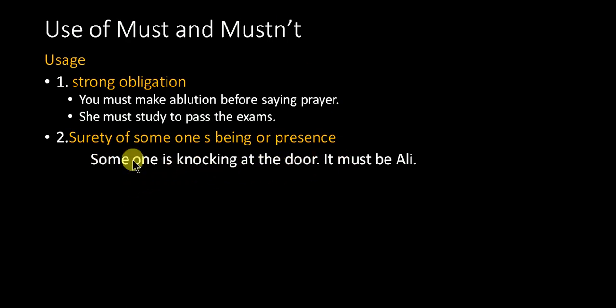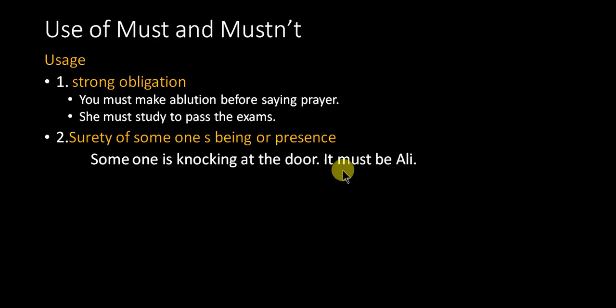The situation is someone is knocking at the door, and you say it must be Ali. So this is your guess, this is your idea, but this is not simply a guess, okay. This is a guess with surety, okay.